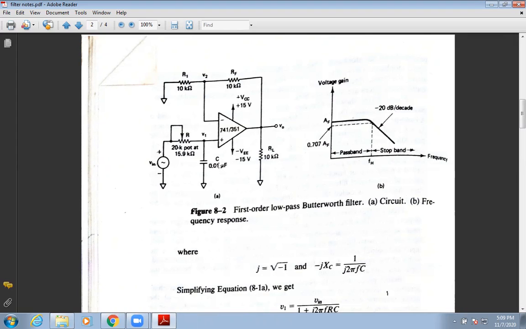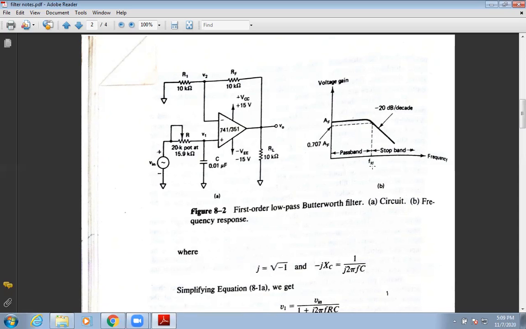This R and C is the RC network which is used for filtering. RL is the load resistance used, and this is the frequency response, or we can say the filter response at different input frequency.